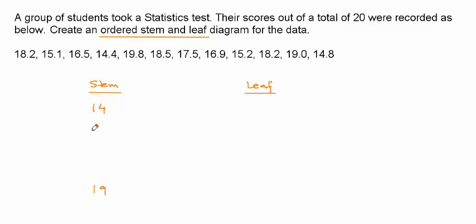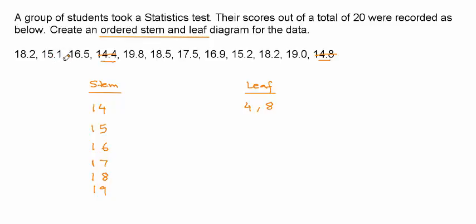So we have 14, 15, 16, 17, 18, and 19. On the 14s, we have a 14.4 over here. Let me just underline that. And then we have a 14.8. So we will write a 4, 8. Let me just strike these two off so I know they are taken care of.